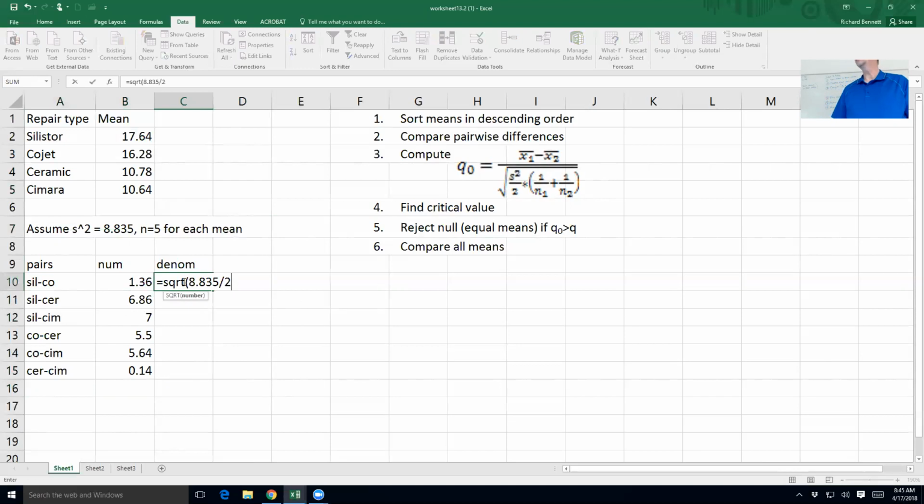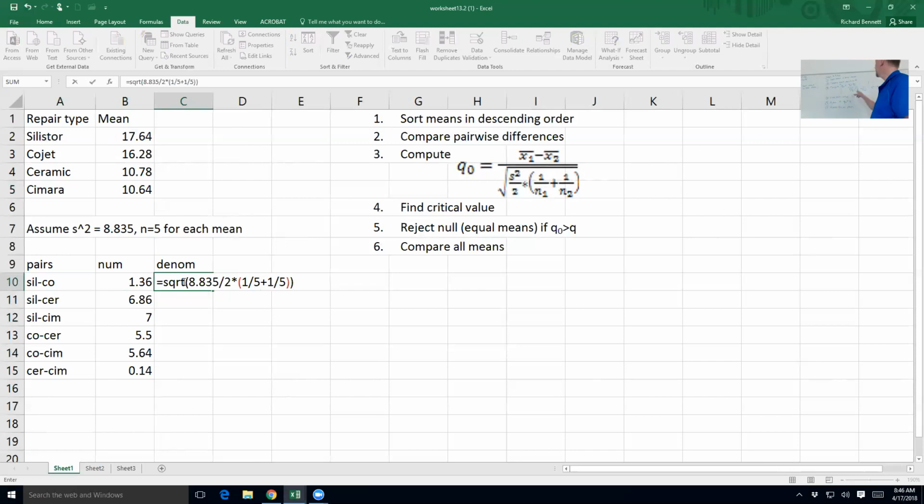Don't square it again, it's already squared. And we're going to multiply that times 1 over n1, and there's n equals 5 for each, plus 1 over n1.